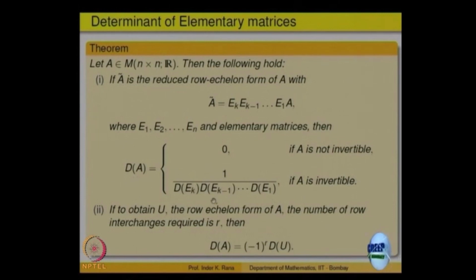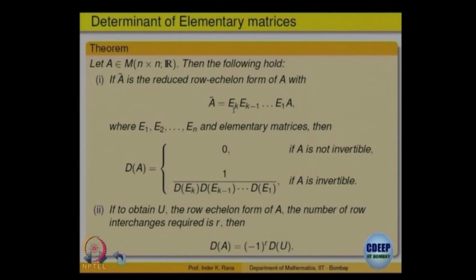Now, keep in mind, if these elementary row operations involve only interchange of rows, say, and there are r of them to bring it to the reduced form, then how many times will minus 1 be coming? Each interchange will give you a minus sign.